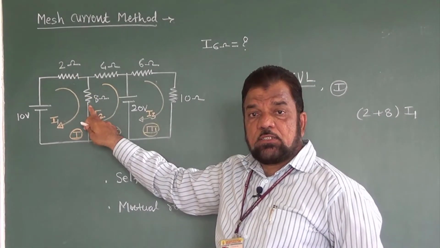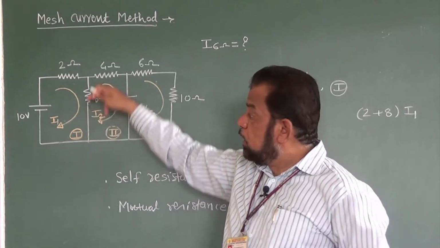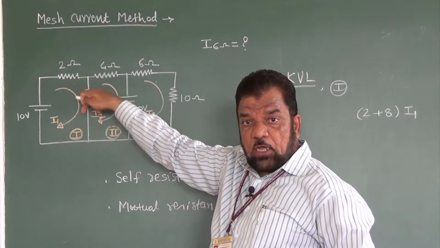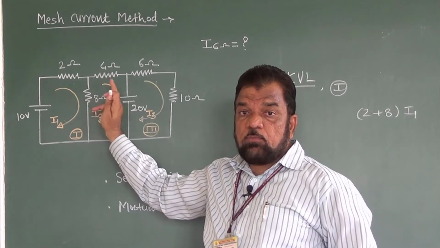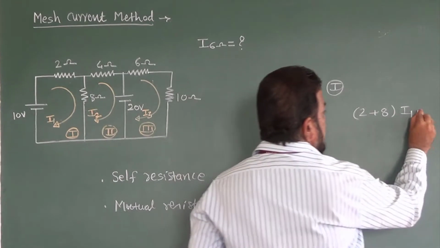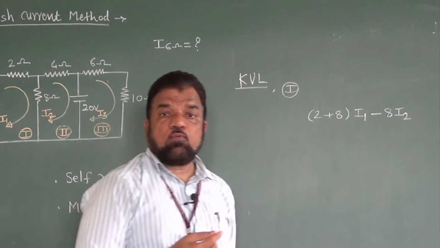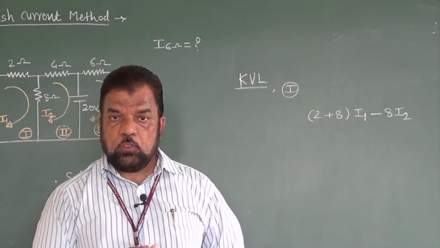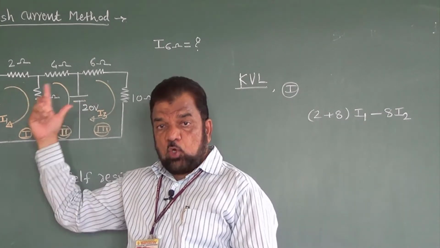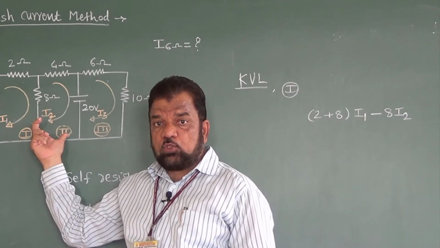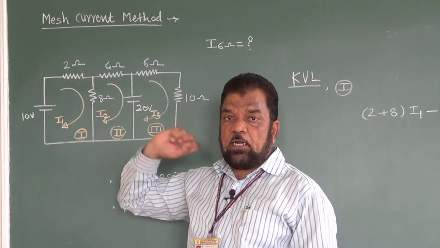Now the mutual resistance is 8 ohm. Looking at the current directions, I1 is flowing down, whereas I2 is flowing up. That means the drop across the 8 ohm is minus 8 I2, since I1 and I2 flow in opposite directions. These drops across the resistances because of the 2 different currents I1 and I2 are equal to the battery potential.